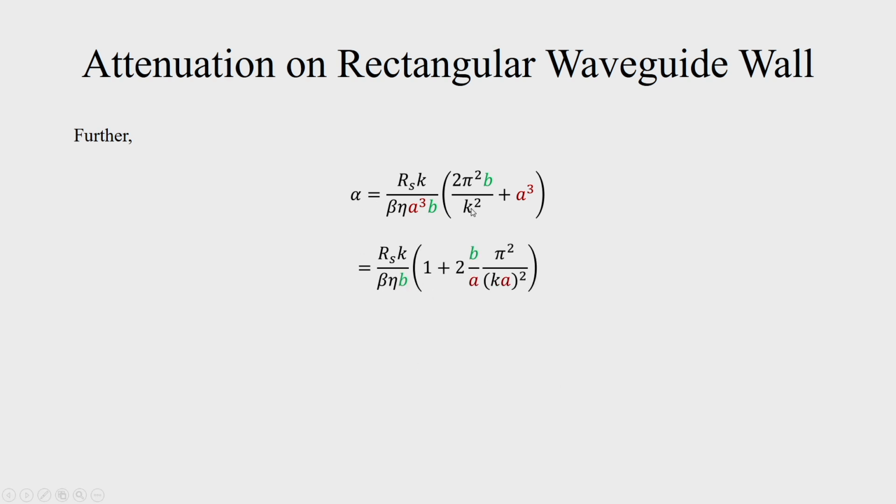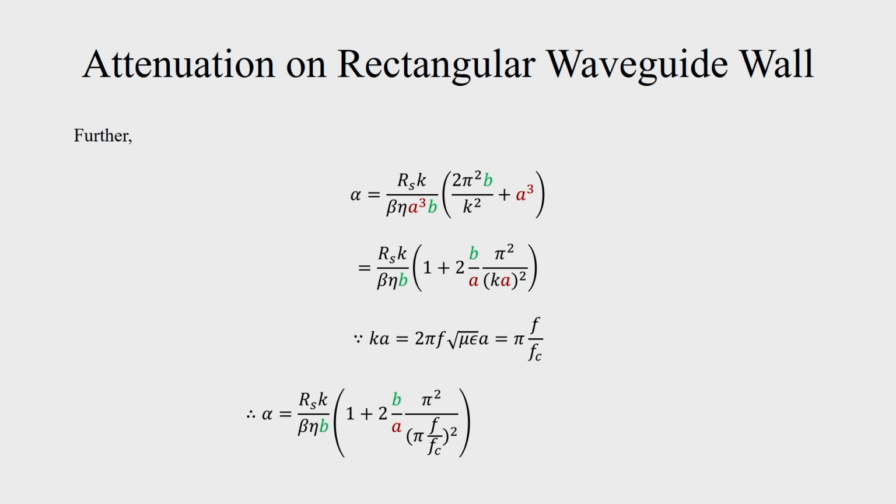We can put this attenuation constant expression, starting with this expression, if we take this a cubed outside, we can put the equation for alpha in this particular form, and we find that for a TE10 mode type propagation, this factor ka can be written as pi f by f c, and therefore, alpha can be written as R_s k divided by beta eta b [1 + (2b by a)(f by f c) whole squared].